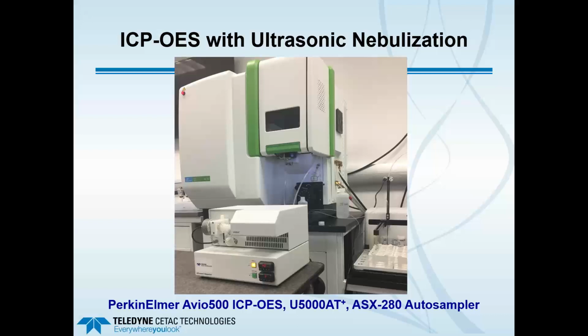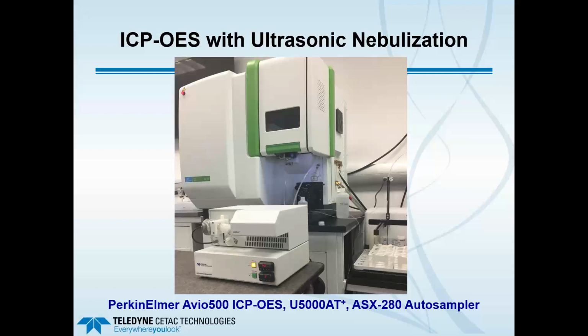Here is a picture showing connection to another PerkinElmer ICP-OES. This is a contemporary model, an Avio 500 series. Again, we've placed it on a laboratory cart, and you see next to it on the right is an auto sampler, in this case an ASX280.